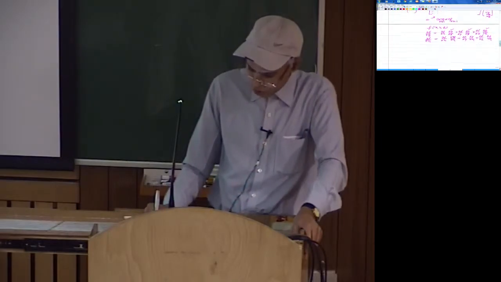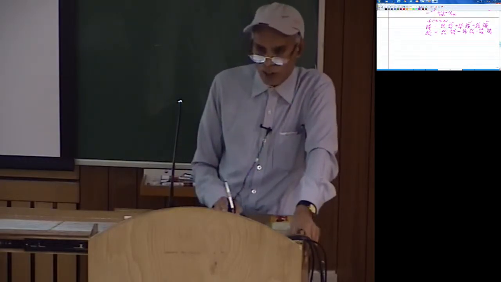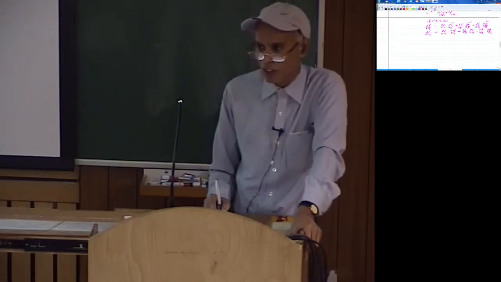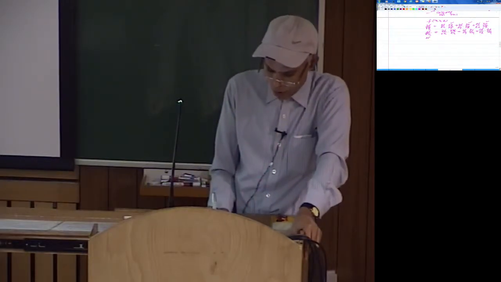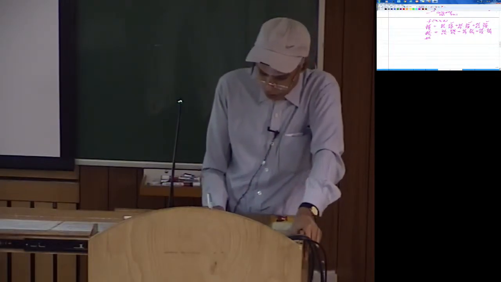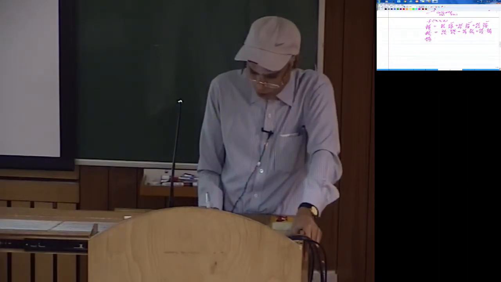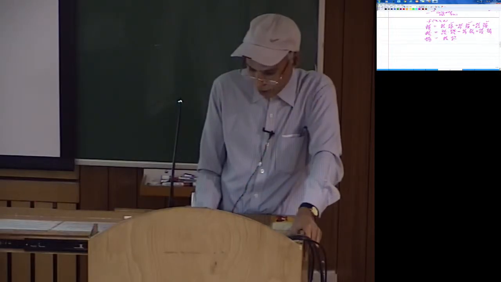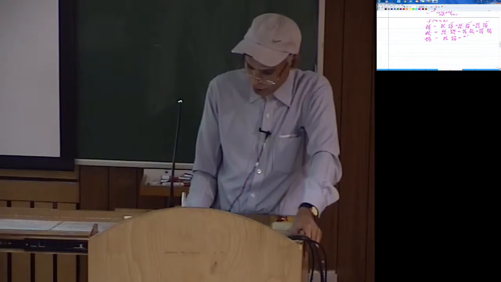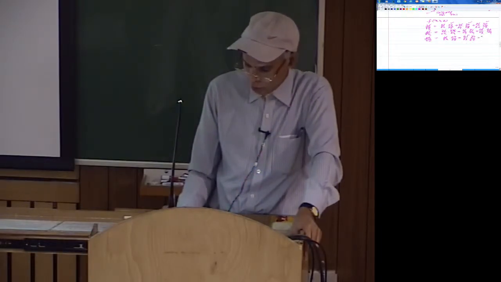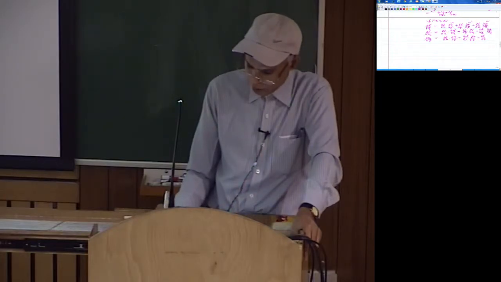Now since there are three coordinates x, y, z in the physical coordinate space and xi, eta, zeta in the natural coordinate space, we will have those three. Del f by del zeta would be similarly del f by del x into del x by del zeta plus, in similar manner, del f by del y into del y by del zeta plus del f by del z into del z by del zeta.